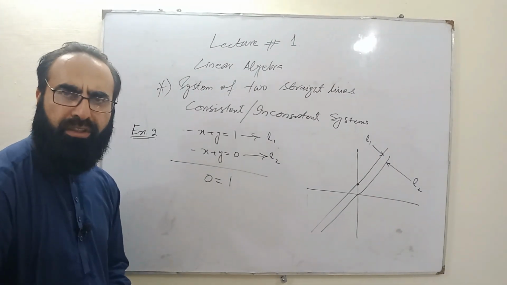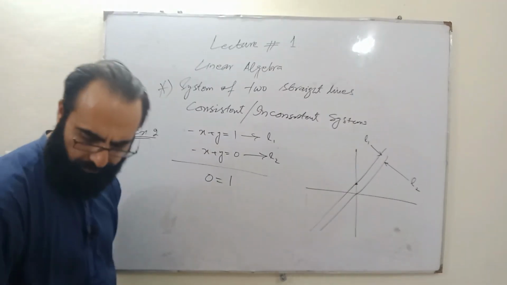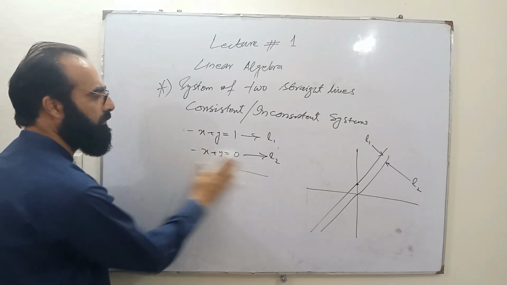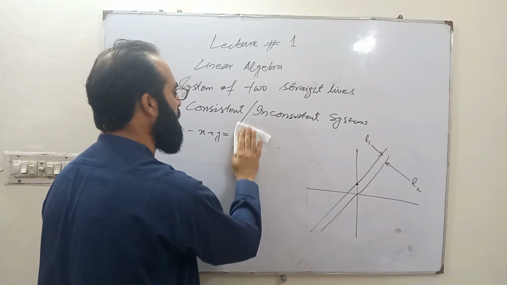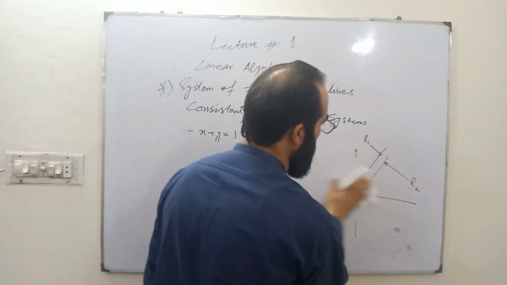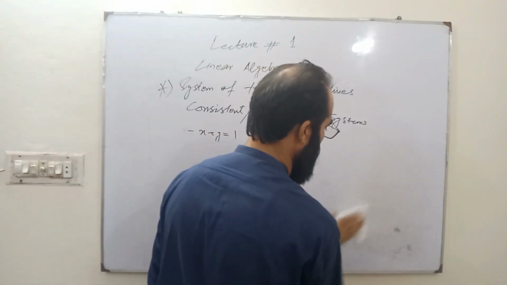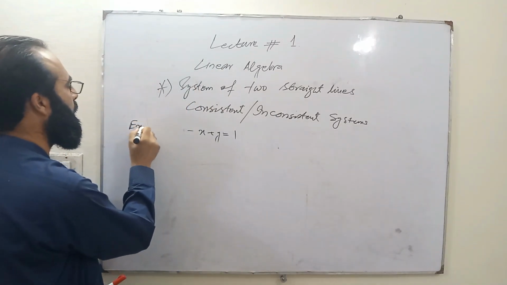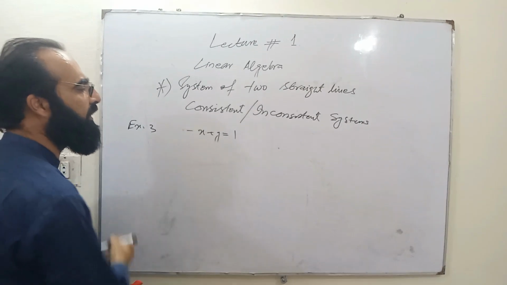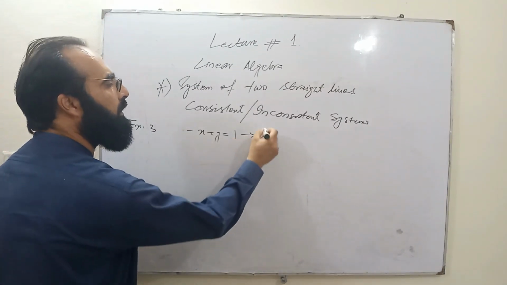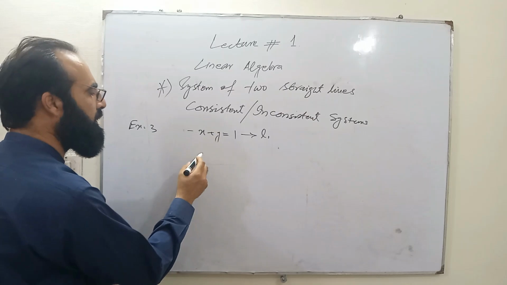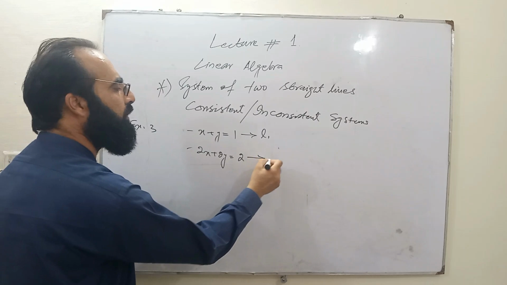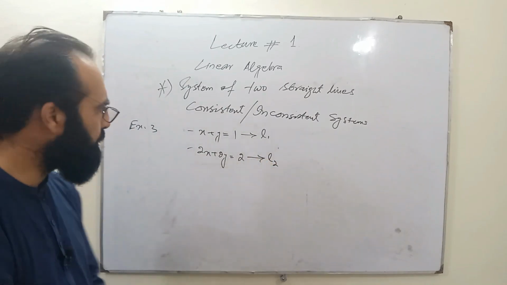Now let's move toward the third example of this topic. Example 3, say we have minus x plus y equals 1, say this one is our L1, and minus 2x plus 2y is equal to 2, say this one is our second straight line.